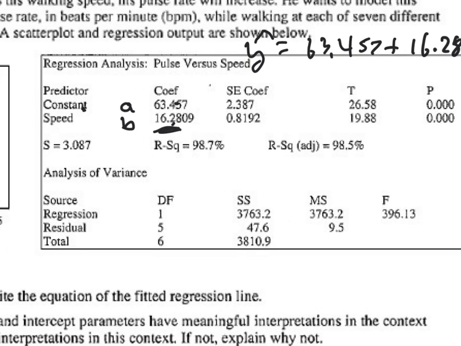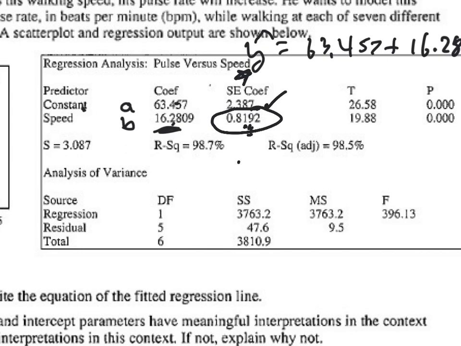Watch this, guys. See the next column? Do you see the SE? This is the standard error for the y-intercept, which I don't care about. This is the standard error of the slope. Instead of doing that big calculation, it's written right there. And not only that, watch this, guys.